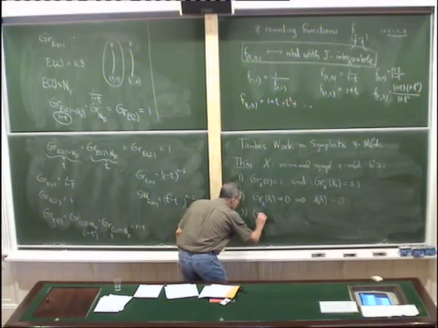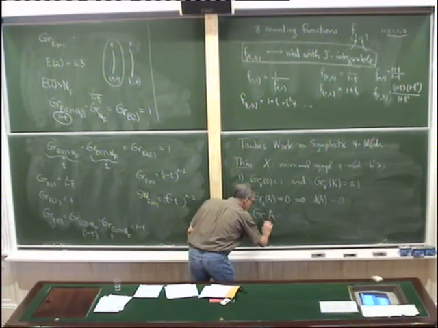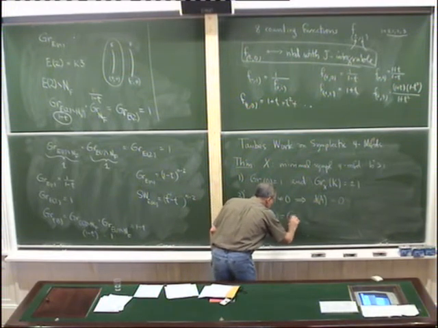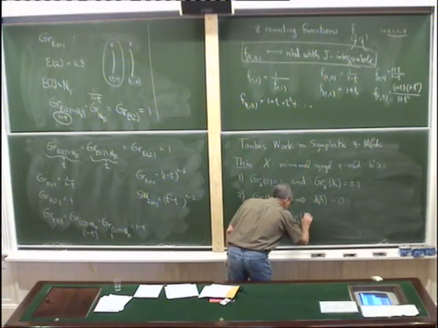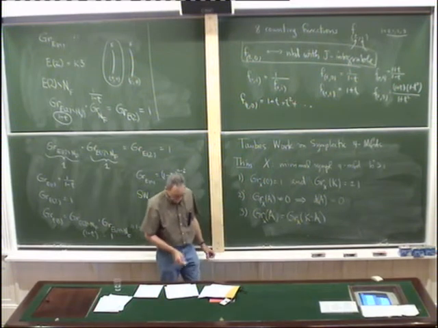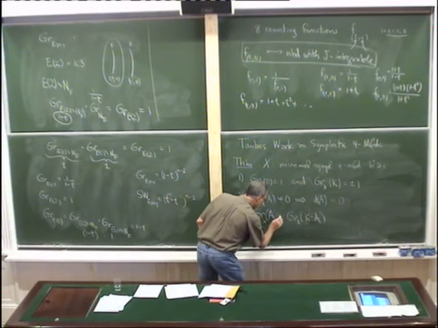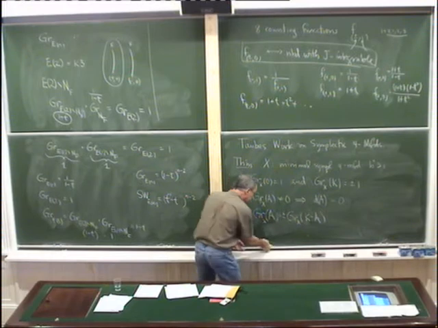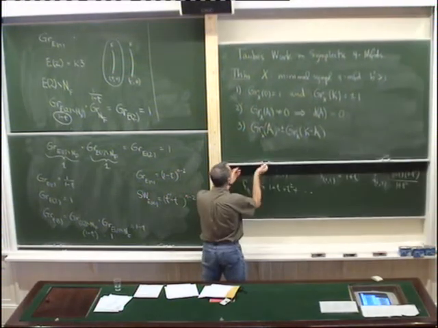3. The Gromov invariant of A is the same as the Gromov invariant of k minus A, well, up to a sign, sorry. And 4.